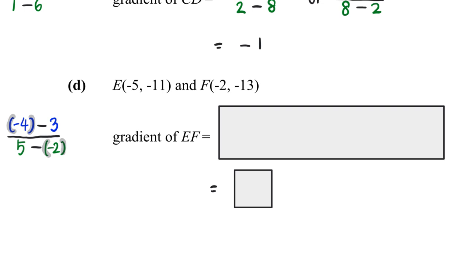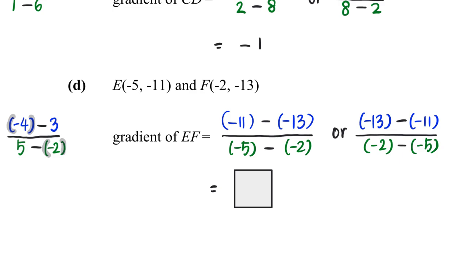And again, as mentioned, all we have to do is to identify the correct x1, y1, x2, y2, and apply the formula correctly: y1 minus y2 divided by x1 minus x2, or you can do the other way around, y2 minus y1 over x2 minus x1.